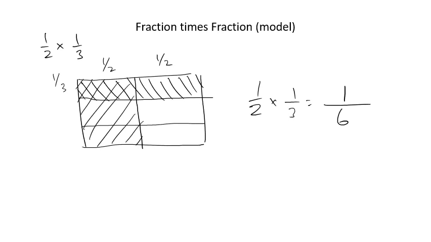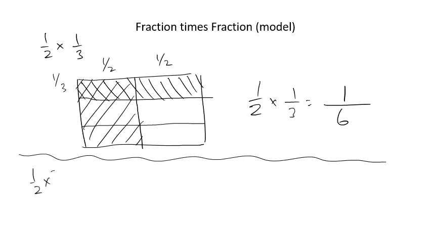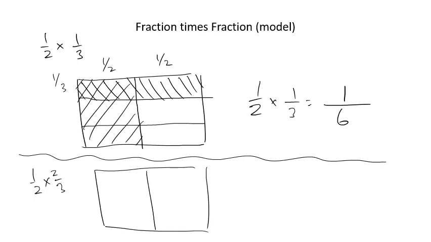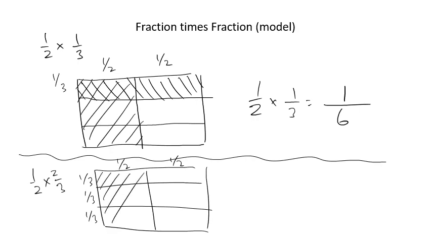Now, if I wanted to extend this problem and do, say, 1/2 times 2/3, I can do that as well. The model's going to look almost identical. So here's my 1/2, here's my thirds. I can label this 1/2, 1/2, 1/3, 1/3, 1/3. And so now I can shade in my half.